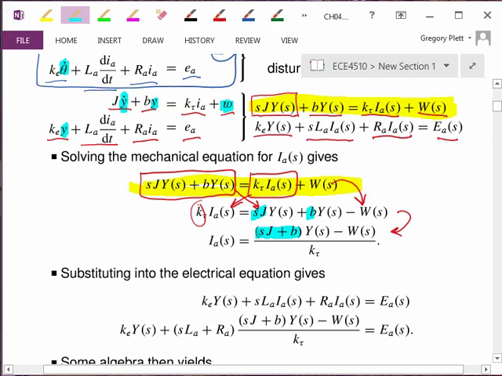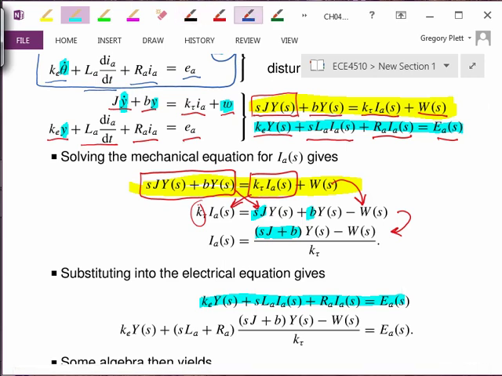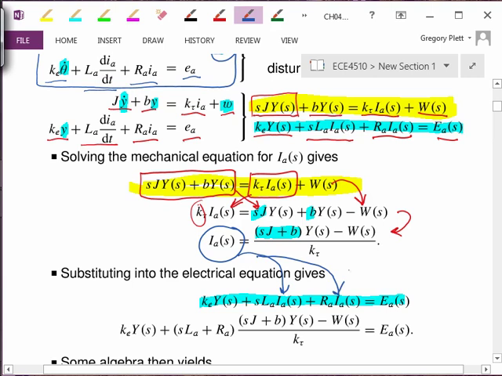We are now going to work with the electrical equation. So there is the electrical equation, and once again I have rewritten it. What we will do is take the IA of S that we just found, and substitute that into the electrical equation where it belongs.